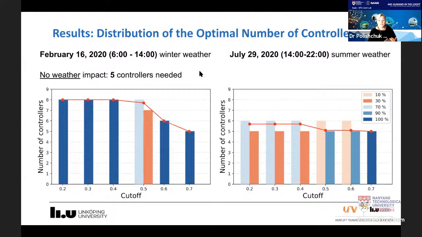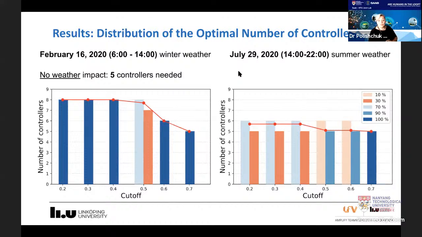But when we take the impact of the weather into account, we may end up in the worst case with 8 controllers, or 6 or 5, but definitely more than 5 are needed for each of these example days, depending on the cutoff value, which is a choice of operations, which defines which weather to consider impactful and to which extent.